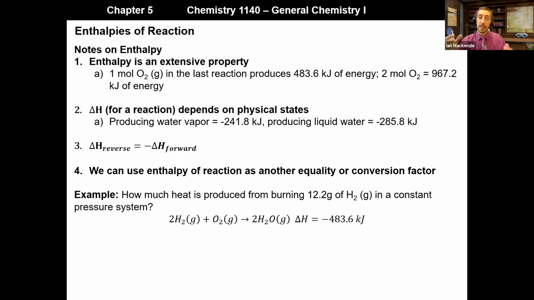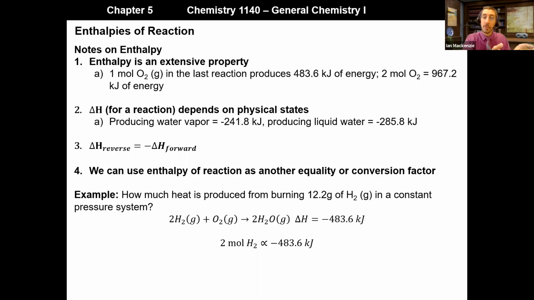Well, what I can see from this is that the balanced chemical equation gives me the amounts of reactants and products in moles. And I can relate the number of moles of any substance to the change in enthalpy for the reaction. So I can say that 2 moles of hydrogen in this reaction produced 483.6 kilojoules of energy in the form of heat or enthalpy.